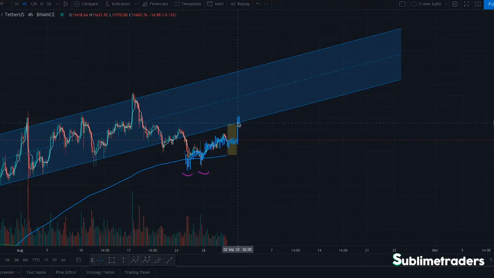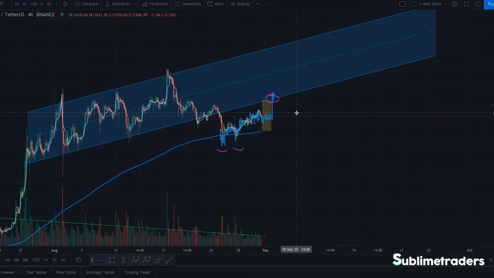Basically, if we establish a closed candle over this area, we can expect further uptrend until the middle of the channel, which is at 12.3k, almost 12.4k, and here we can expect further resistance.